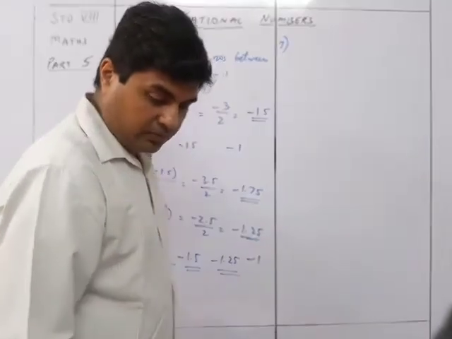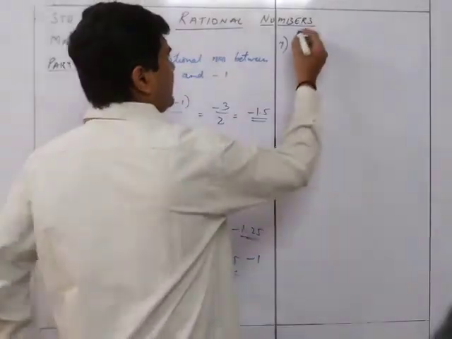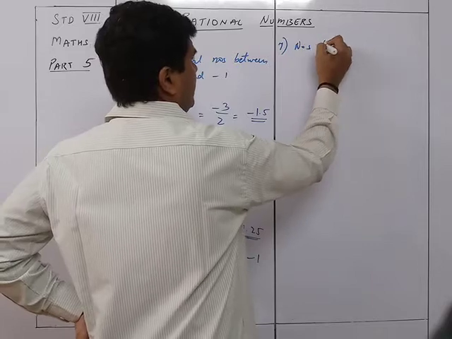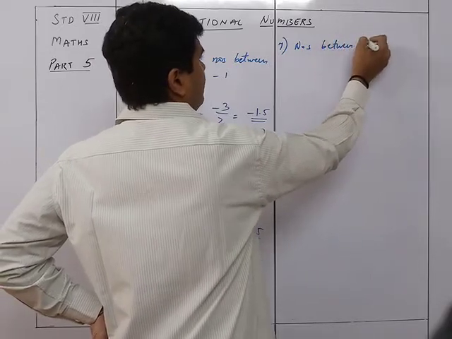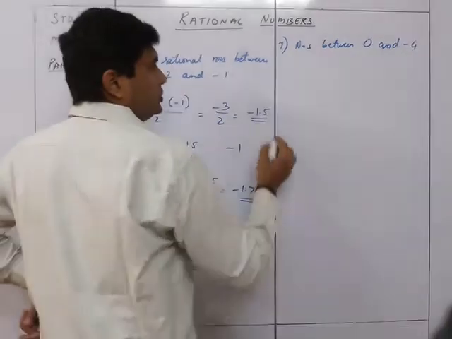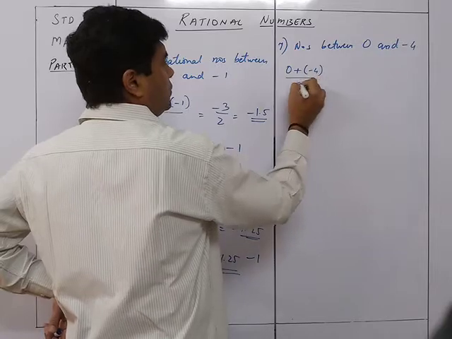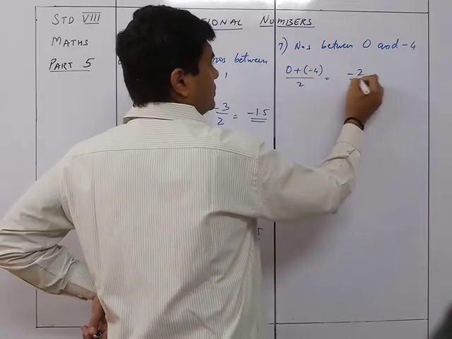So we have 5 rational numbers. We are taking numbers between 0 and -4. The first one is 0 plus -4 upon 2, which equals -2.